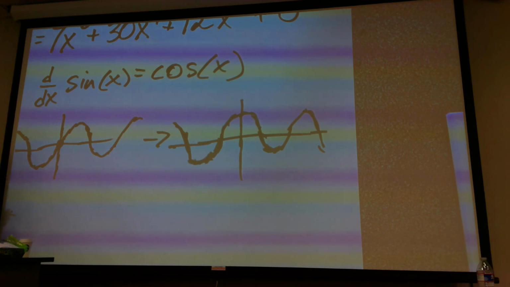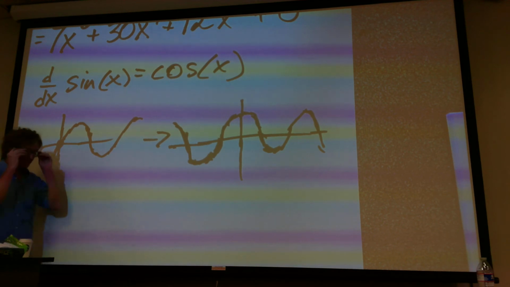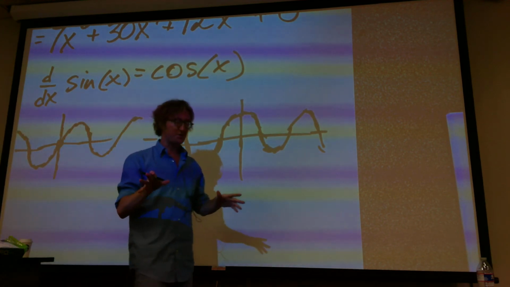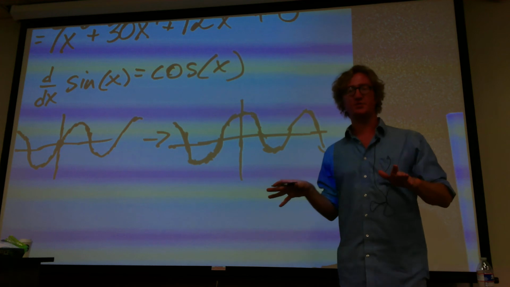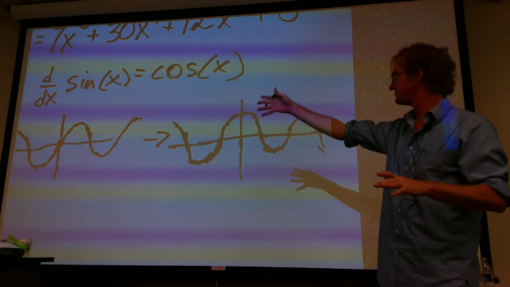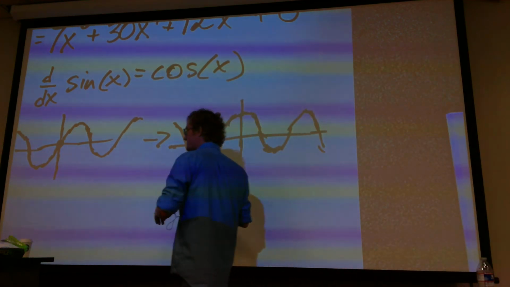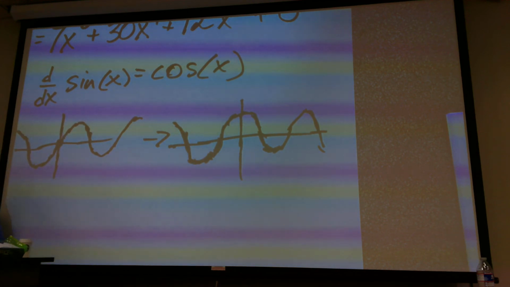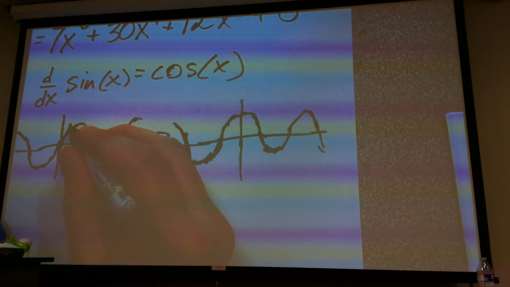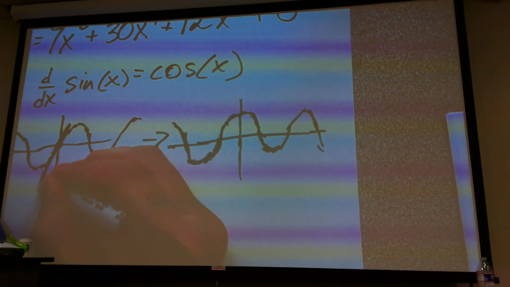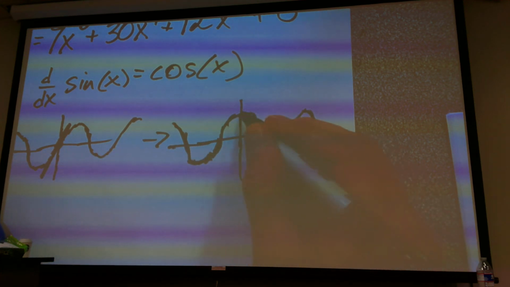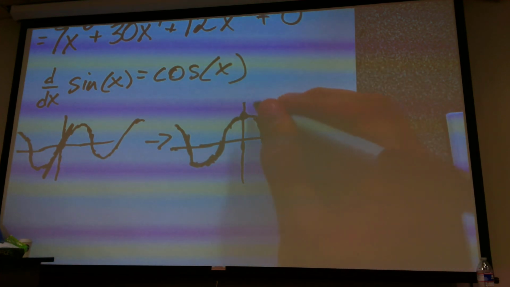Okay. Now think about what's going on in this picture right here. So remember, when we're talking about the derivative, you're talking about the slope of the tangent line of this curve, okay? So if I consider this line right here, what's its slope? 1.